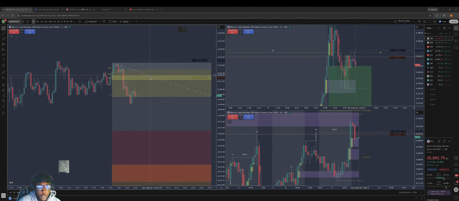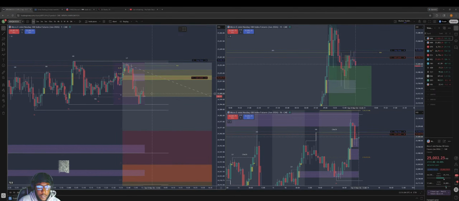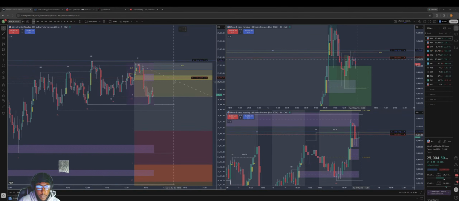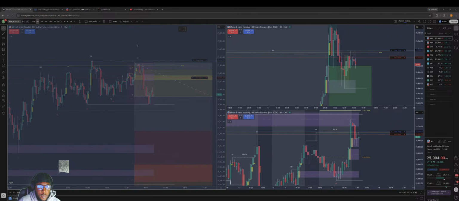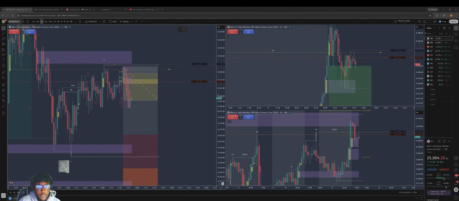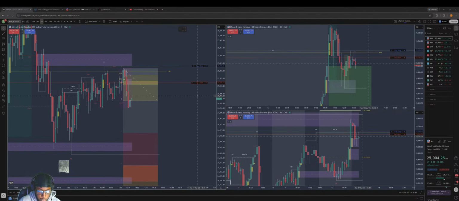If price wants to go without us, it can do that as well. But I'ma just wait. We gonna wait to see if we can get up to this level. I don't wanna just FOMO into this trade just for the sake of it. We gonna let it play out naturally. See if we can get up there.